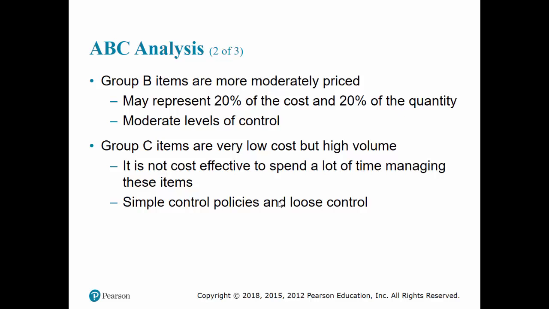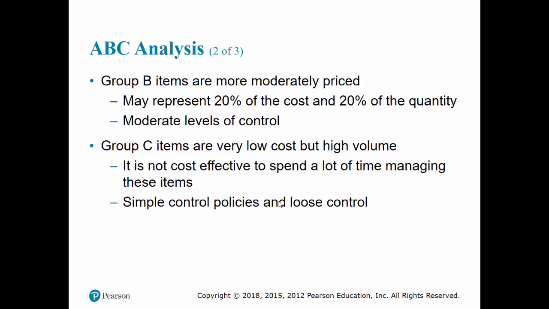Automated controls are okay for that, because even if you make mistakes, the cost of those mistakes is not going to be huge. As a matter of fact, avoiding mistakes may require more cost than the cost of the mistakes. And in between, about 20% of the items represent about 20% of the cost. Those are called B items.